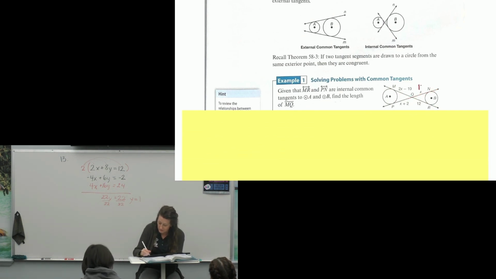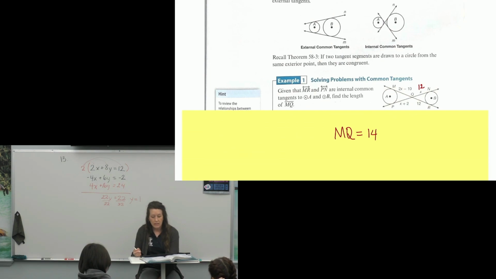So that's 12 because this is the tangent line, right? This is tangent, that's tangent. Good. So if we know that X is 12, we can plug that in for the bottom one, which is even easier. 12 plus 2, so we know that MQ will equal 14.